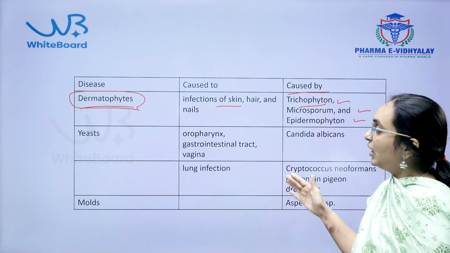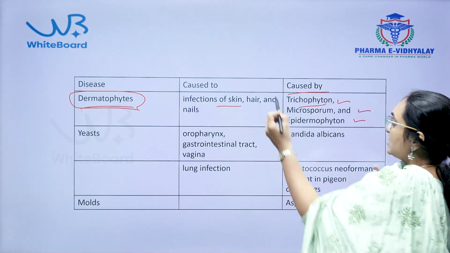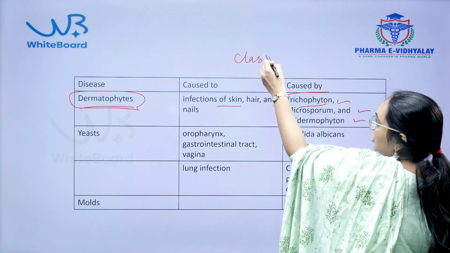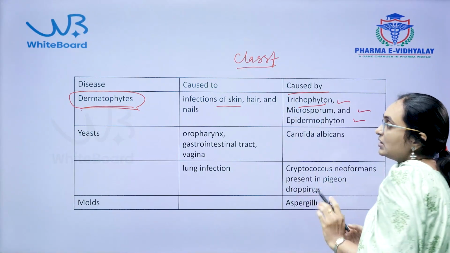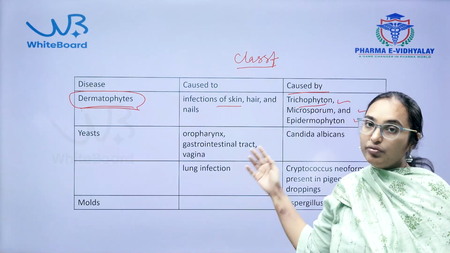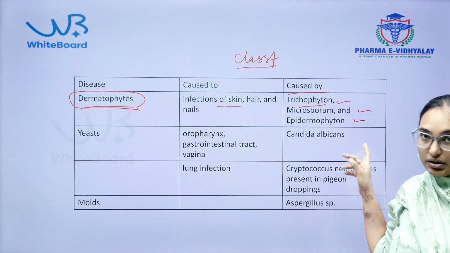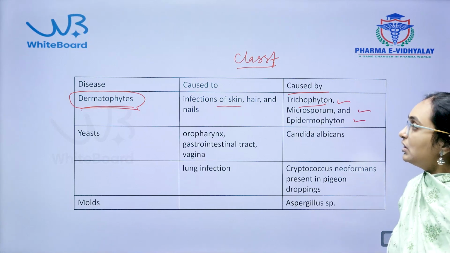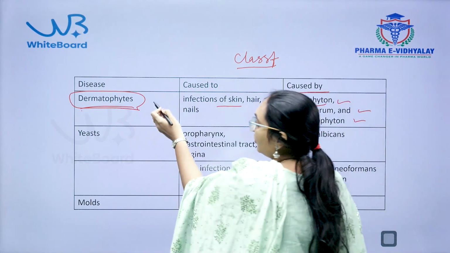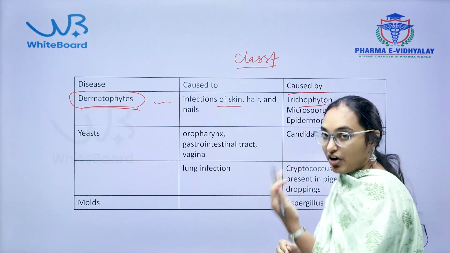Why are we discussing this slide? In the classification of antifungal agents, specific agents are used for infections caused by specific causative agents. So first you have to know the different types of diseases, yeast infections and fungal infections.